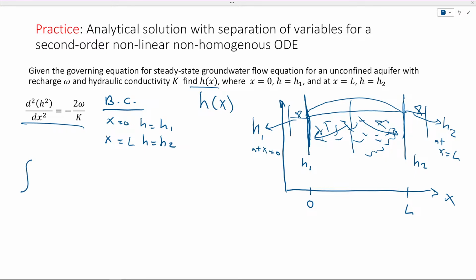So basically you integrate d2h squared over dx squared equals negative 2 w over k. You can take this out.